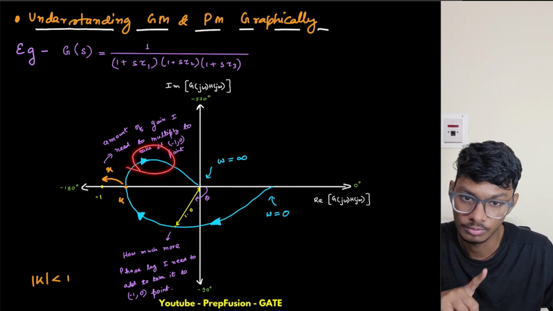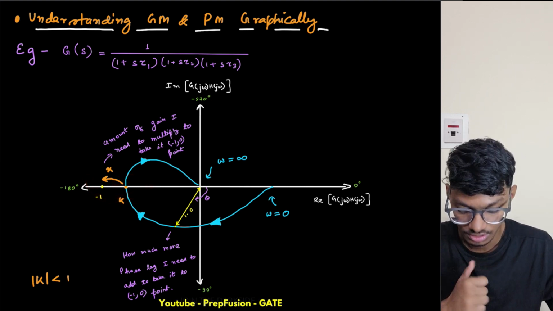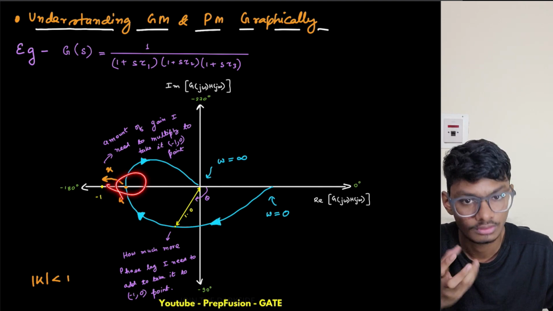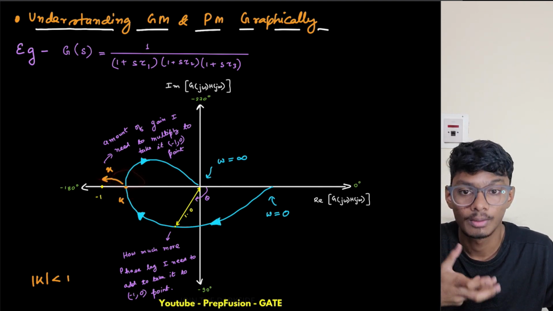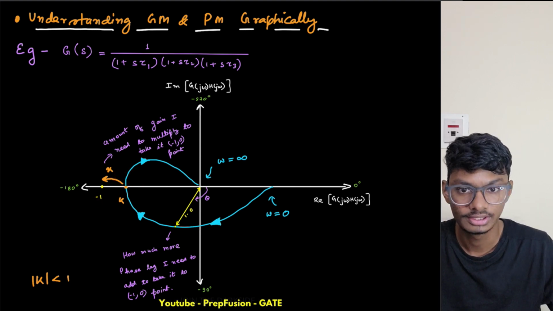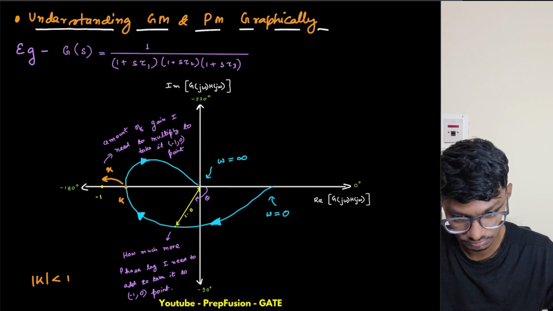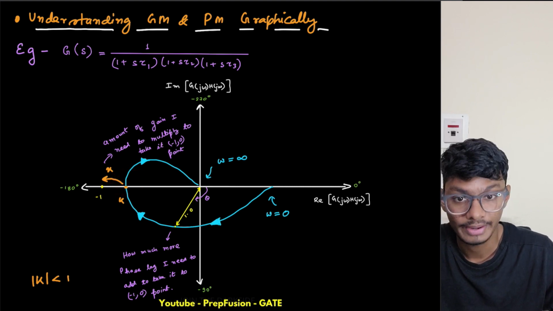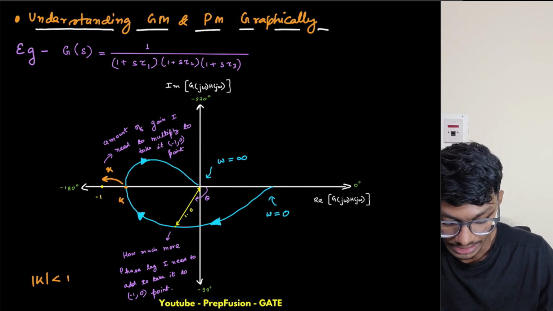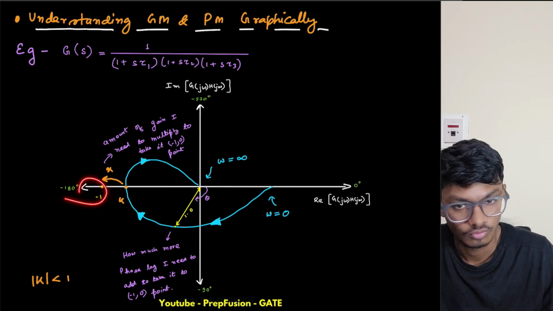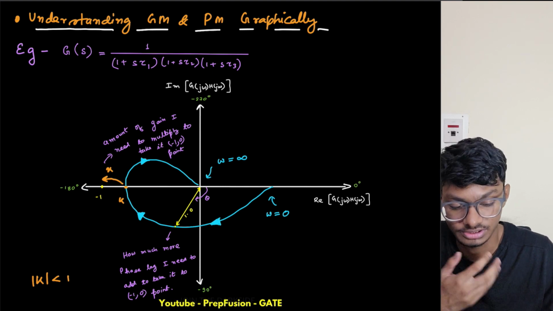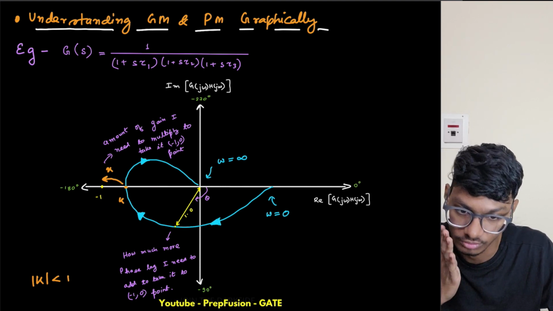The point where my polar plot is cutting the negative real axis is known as the phase crossover frequency, because at that point my phase is minus 180 degrees. But at that point my gain is obviously not equal to 1. It is something else, so the magnitude of the OLTF at that point is not equal to 1. I need to multiply it by some value to get it to 1 itself, so that I can get to my critical point. That is how we found out the gain margin.